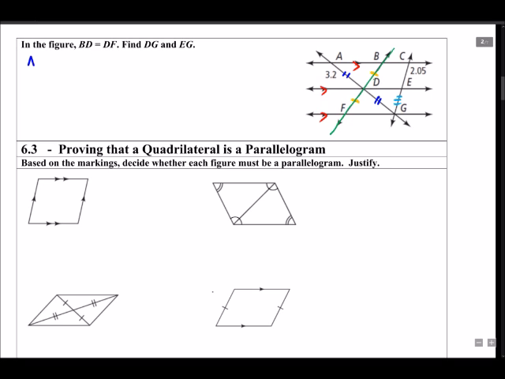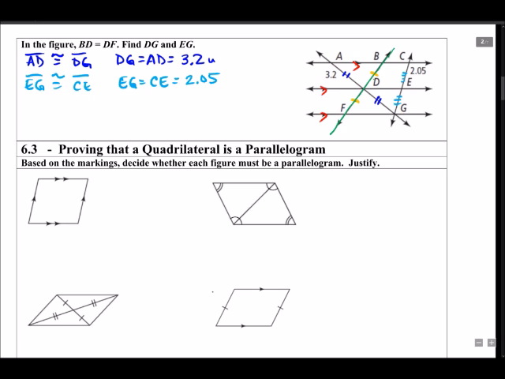So I know that AD is going to be congruent to DG, and I know that the length of AD is 3.2, so the length of DG is equal to the length of AD, which is 3.2 units long. And it's going to be the same for this one. I know that EG is going to be congruent to CE, and so the length of EG equals the length of CE, which is 2.05 units.